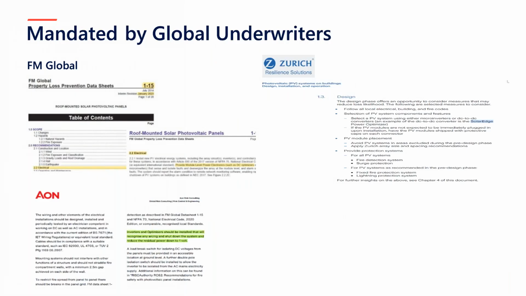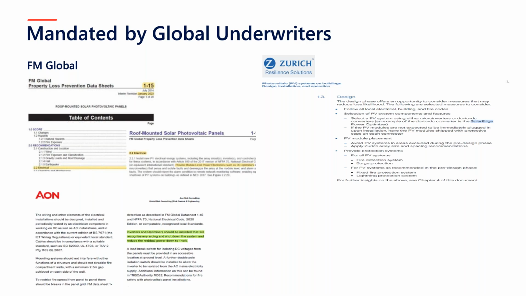What is also interesting, just a quick side note for anyone operating in that CNI space, is that there's been a lot of developments recently from insurance companies. So FM Global, Zurich, Aon, they are all now specifying that any PV system installed on their buildings has to have MLPE installed.